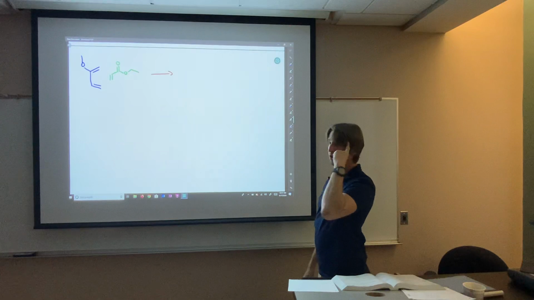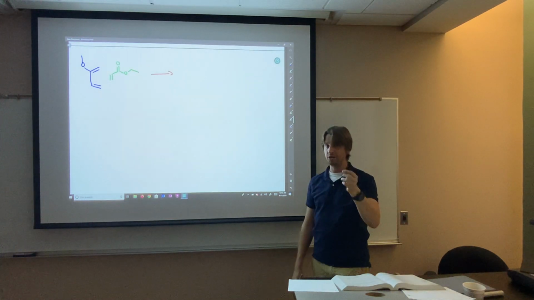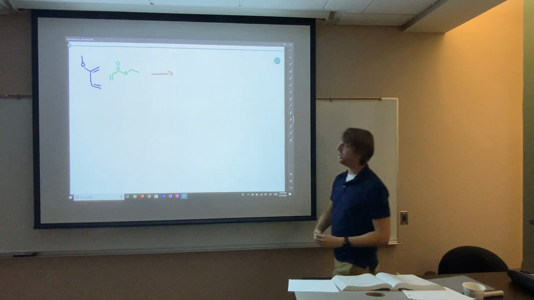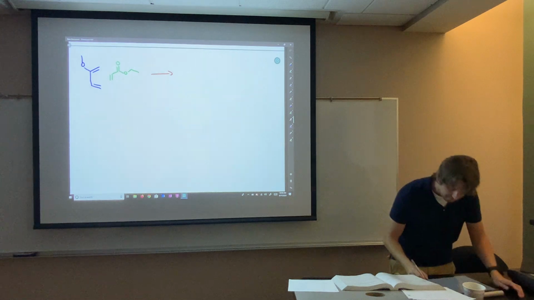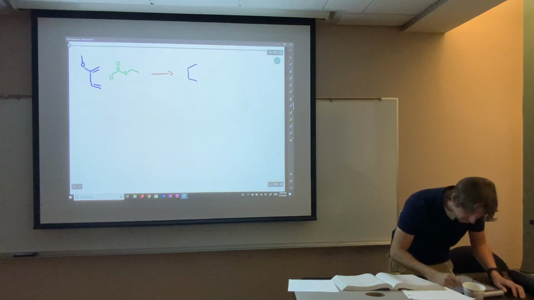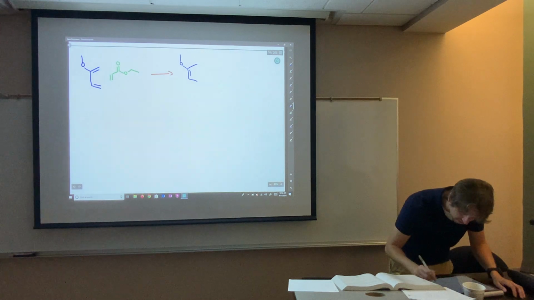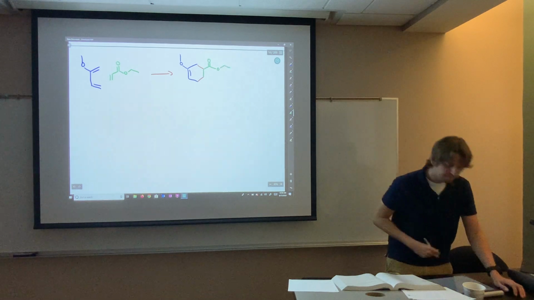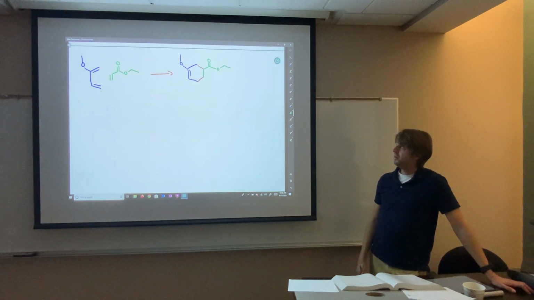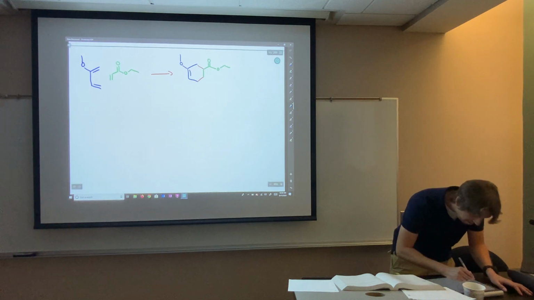Here's the easy way to do this. There's my two starting materials. I know I'm doing a Diels-Alder. Let me draw the two potential products. One comes together with this in the way that it is shown there. Or, I could bring these together in another method.